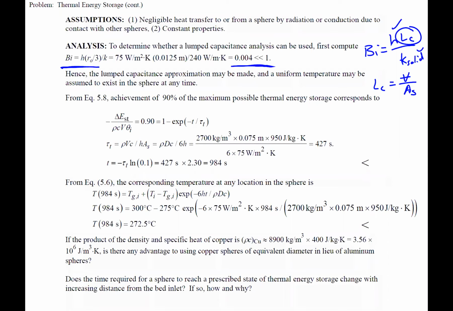So we're good here, we can use lumped capacitance. Boom, all right. Then we have this 90% of the maximum possible thermal energy. We know what equation we're going to use, and it's already showing the big movement in the equation: it's 90% of the maximum possible.